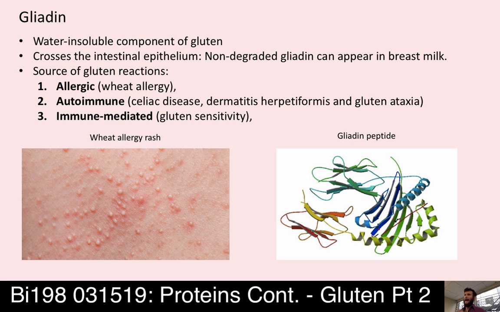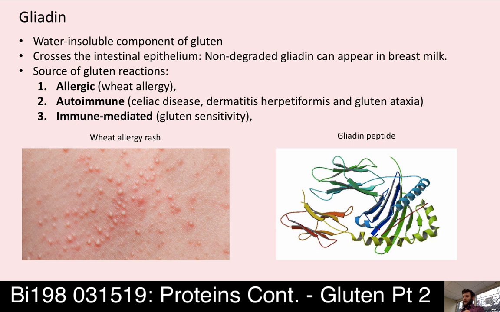But gliadin can cross-react with immune cells. It has enough of a presentation that looks like the self that it can start an autoimmune response in some people. And then your body starts making antibodies that target the self, right? And so we have wild inflammation in parts of the body, like celiac disease.